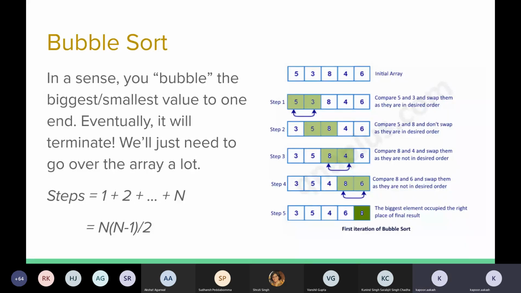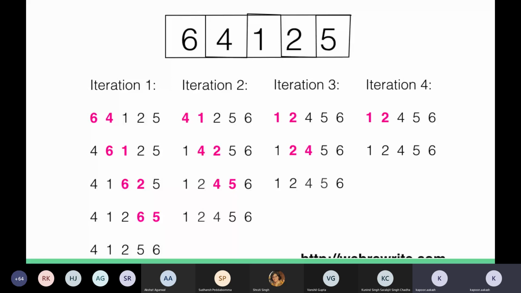You can see this as an example, actually. There's a better example for this. This is what I meant. There is one chain of iterations going on, which are iteration 1, 2, 3, 4. And within every iteration, there are sub iterations. So the iterations that I was talking about were these iterations numbered 1, 2, 3, and 4, not the sub iterations. So in this case, we start off with 6, 4, 1, 2, 5. We compare 6 and 4, swap. Now 6 is here. 6 is compared to 1. 6 is bigger, swap.